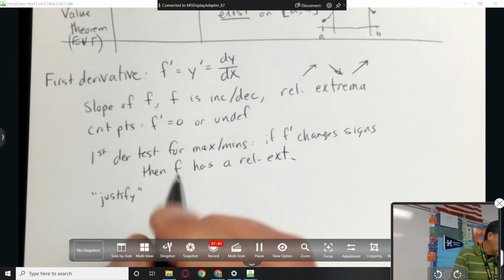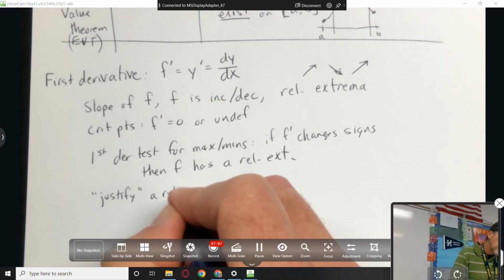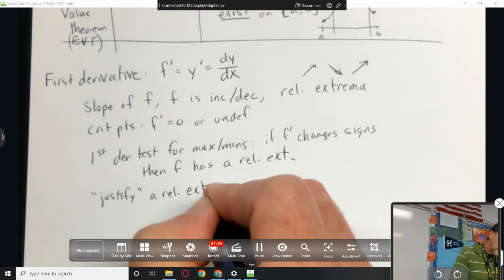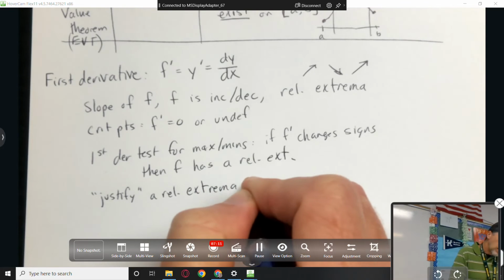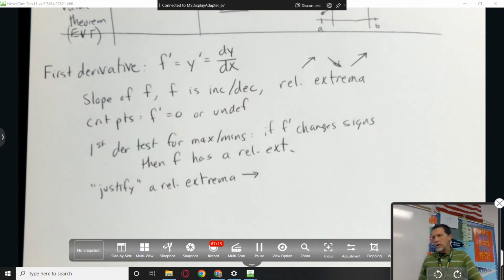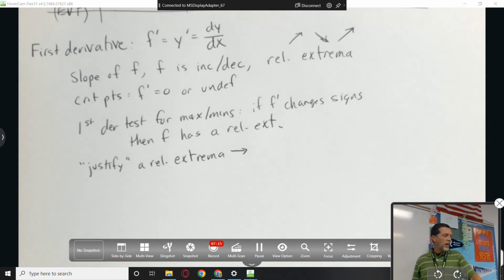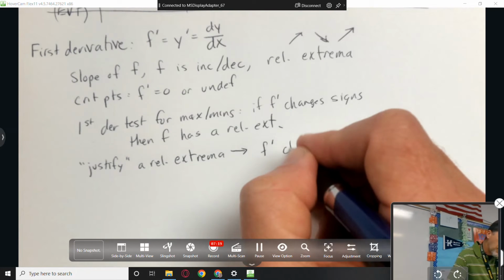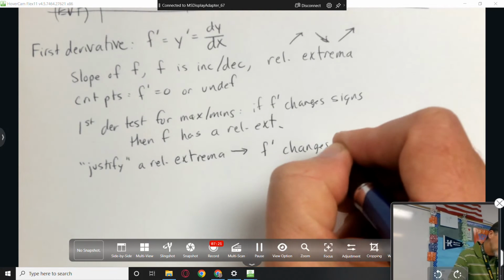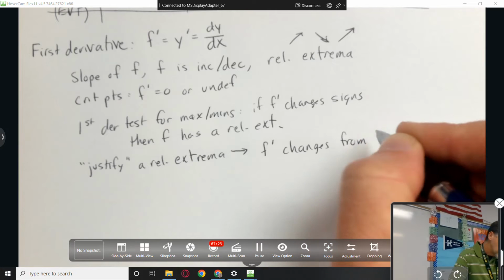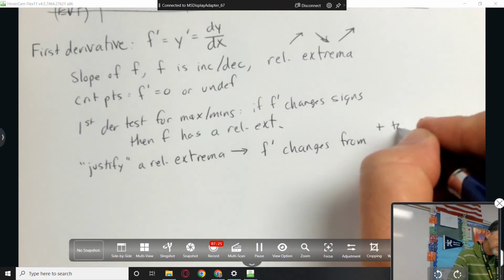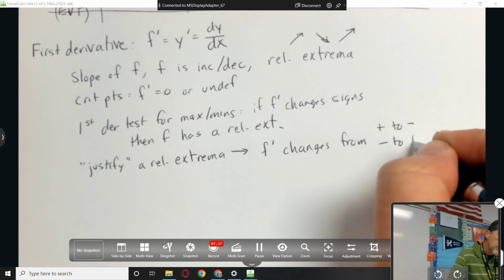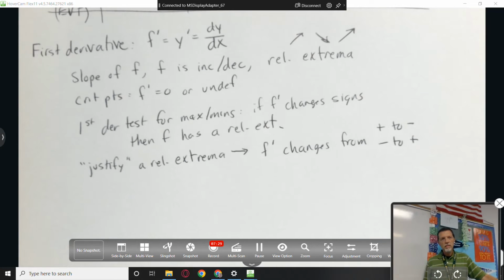And if the problem says justify a relative extrema, or it might say relative min or relative max, might you say justify? You circle your work and draw an arrow. f prime changes from positive to negative or negative to positive depending on if you've got a max or a min.